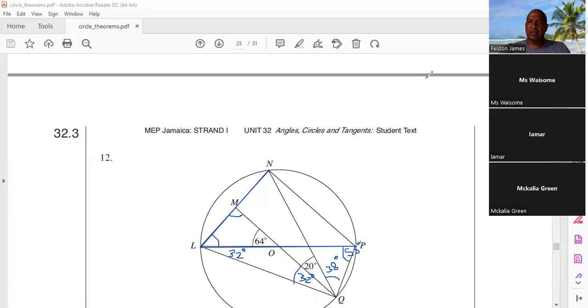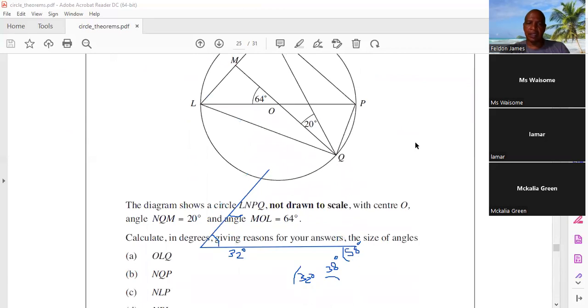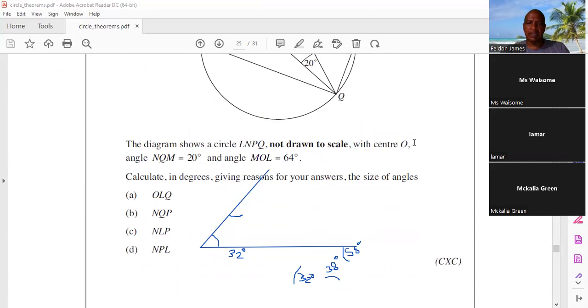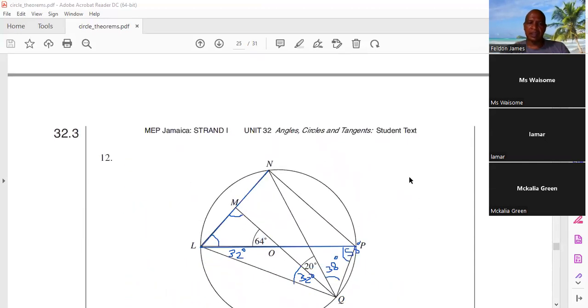But I think we need to look at whether or not the question says anything about parallel lines or so on. No, it didn't give anything about parallel lines. So that means they are just expecting you to either use a theorem or do some calculations. Do we know anything that could help us?